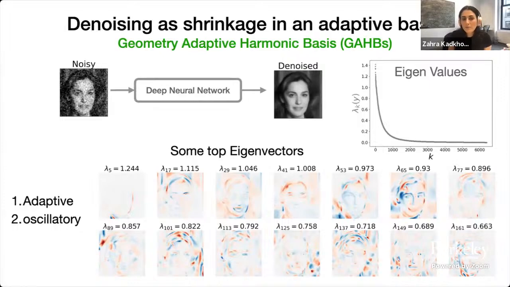And the second thing to notice here is that we see oscillatory or harmonic patterns along the contours of the face and in the background, foreground regions of the image. Because of these two properties, we call this type of basis a geometry adaptive harmonic basis, or GAHB. All right, so this is all qualitative.